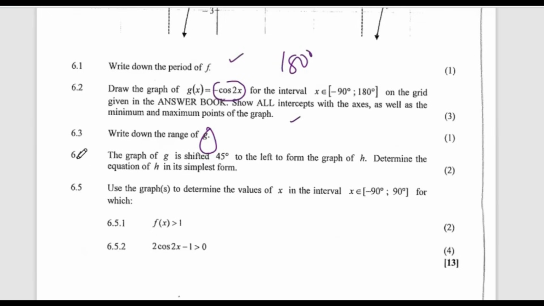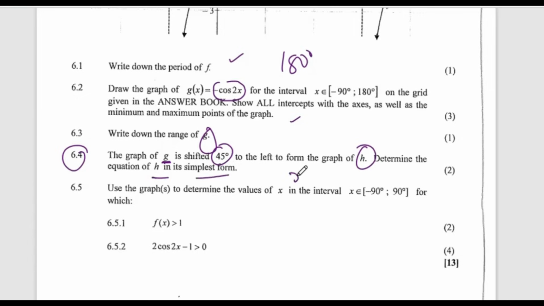Then 6.4, the graph of g is shifted 45 units to the left, to give the graph of h. Can we determine the equation of h in the simplest form?